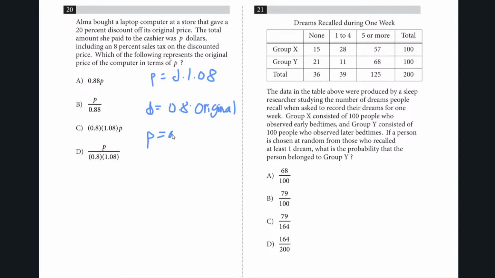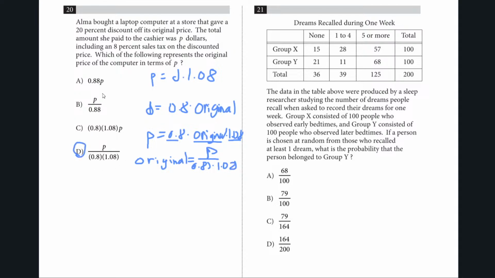P is equal to 0.8 times original times 1.08. So we want to solve for the original here and get everything else on the other side. So we're going to divide by 0.8 and 1.08 to get that. So the original is equal to P, the price she paid, over 0.8 times 1.08. That looks like it's D.